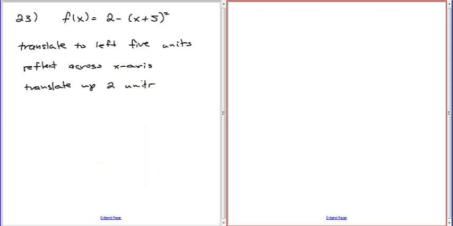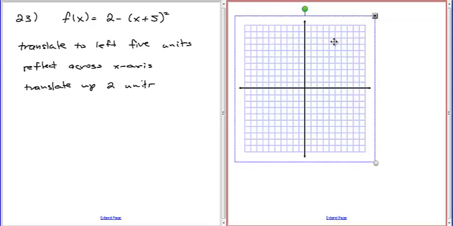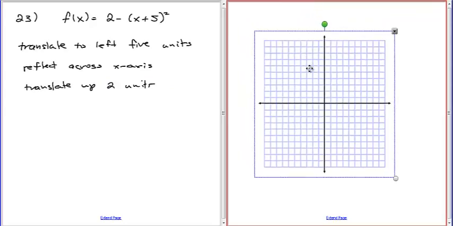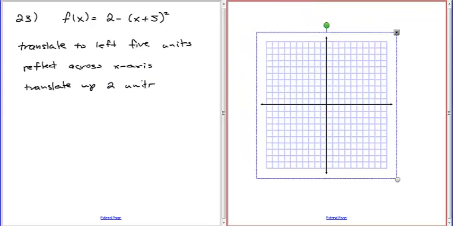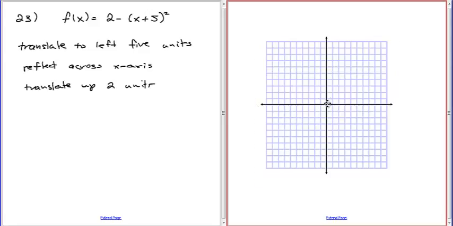So I'm going to put the graph over here. The parent function is a parabola. Over 1, up 1, over 2, up 4, over 3, up 9, and then the same on the other side. Okay, so that's my original function. I'm not going to connect it together yet.